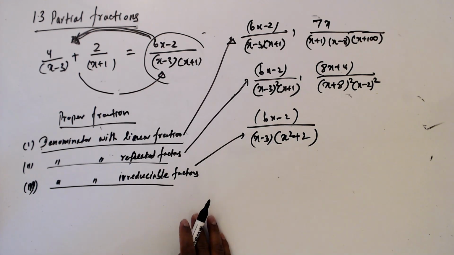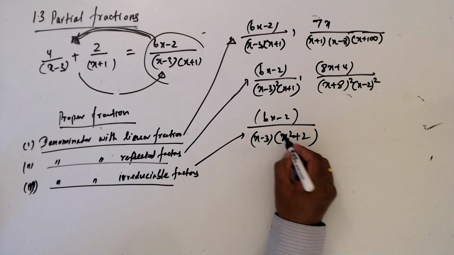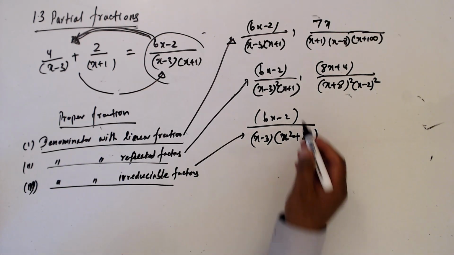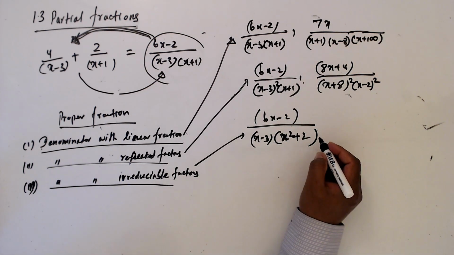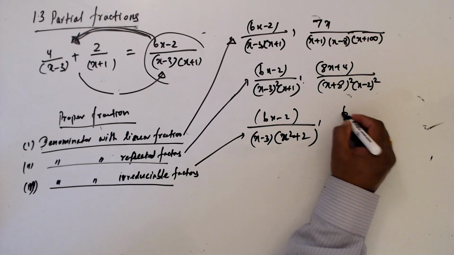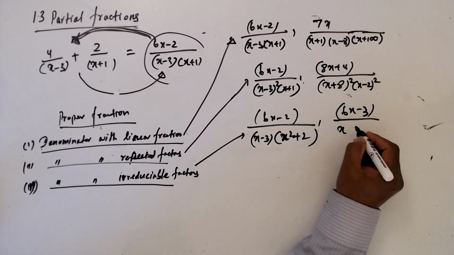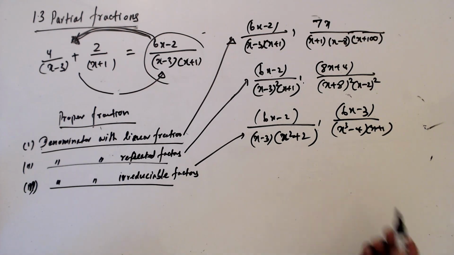In this form, the square is inside the bracket, while the power is outside. Another one: 6x minus 3 over x cubed minus 4 times x plus 1, also irreducible.